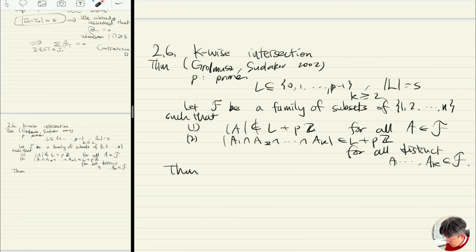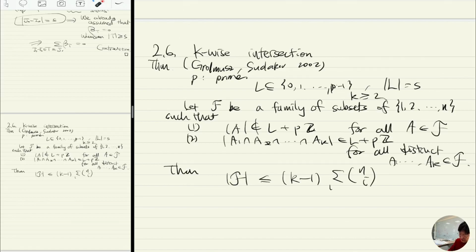Then this family contains at most a certain number of sets. So what is going to be the natural bound? Actually, the bound is this: you take k minus 1 copies of the subsets of size at most s minus 1.